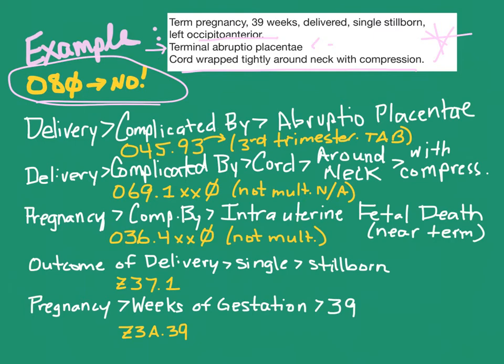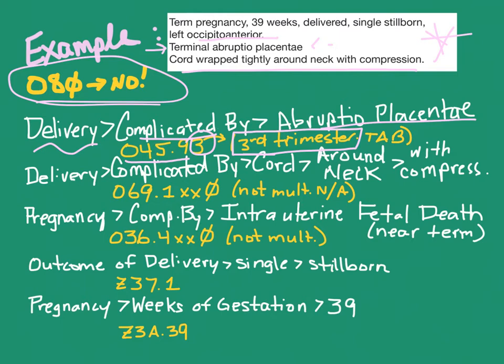So let's start with the main term of delivery, complicated by abruptio placentae, which leads us to 0.9, and then we check the tabular, and this pulls in the last character 3 in the tabular list, which we are adding to indicate the third trimester. So again, check the tabular.